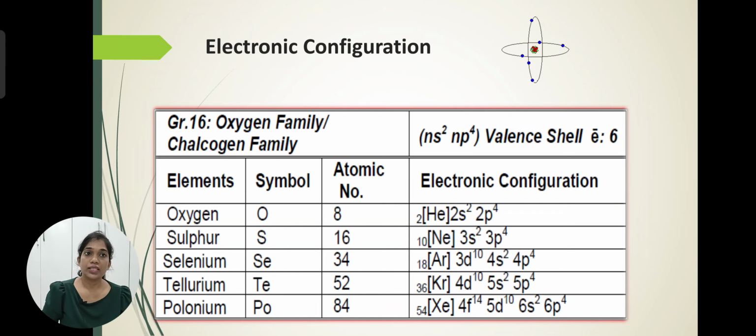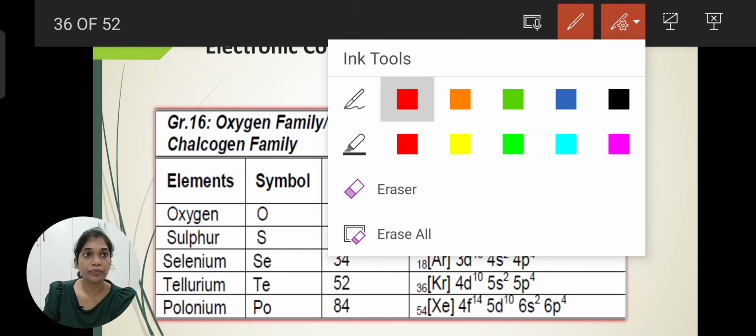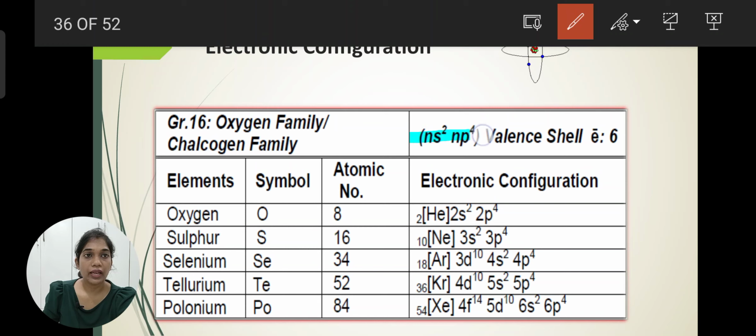Now you can see that the general electronic configuration of this family is ns2 np4. Okay, so this n, as I already told, is the number of the period. So for oxygen it is 2, for sulfur it is 3, for selenium it is 4, for tellurium it is 5, and for polonium it is 6.